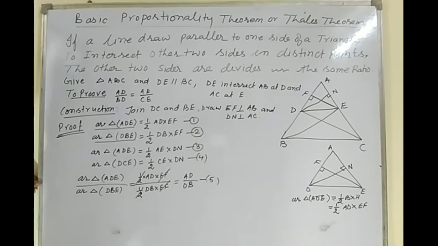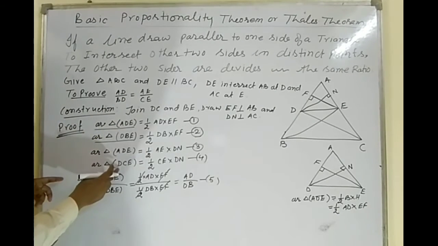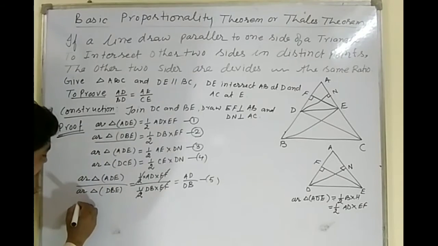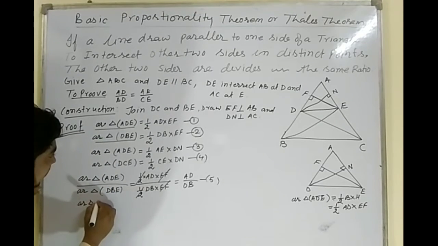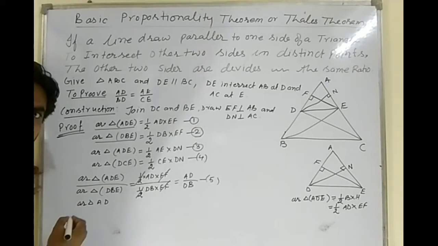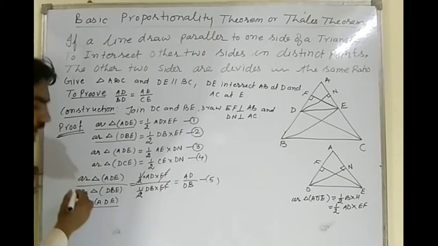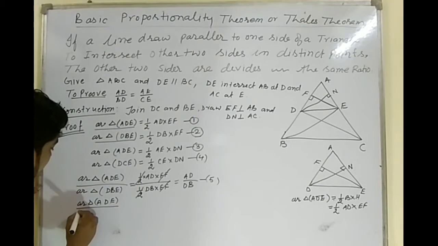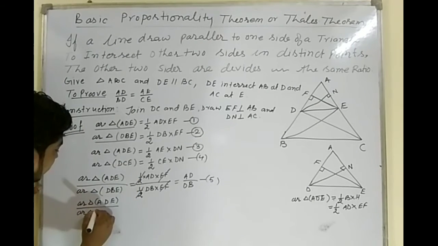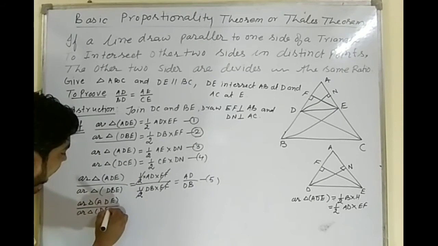Equation number 5. Now we will find AE upon CE. So now divide area of triangle ADE by area of triangle DCE.